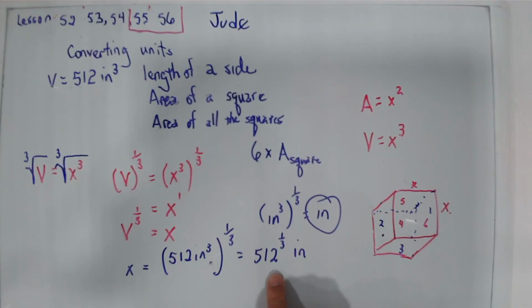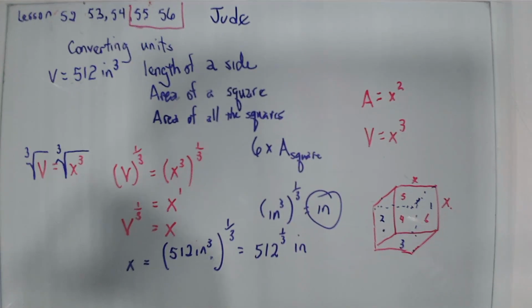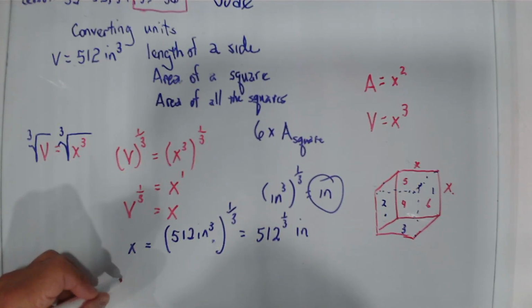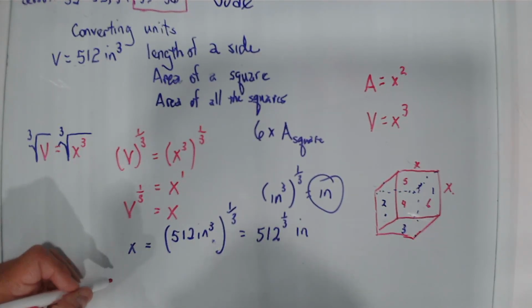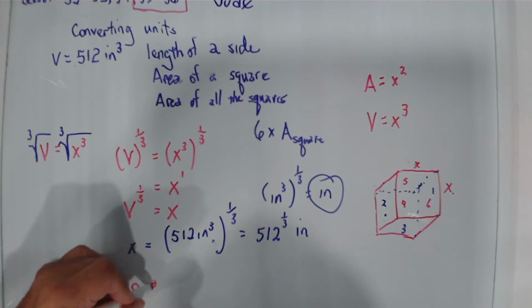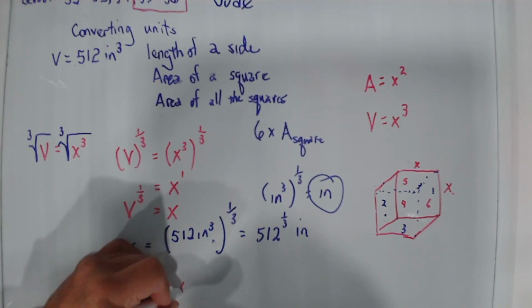Okay, so what's 512 to the 1/3 power? I haven't taught you how to do cube roots by hand, but if you look at 512, it's going to be a power of 2. So if you do 8 times 8, that'll give you 64.